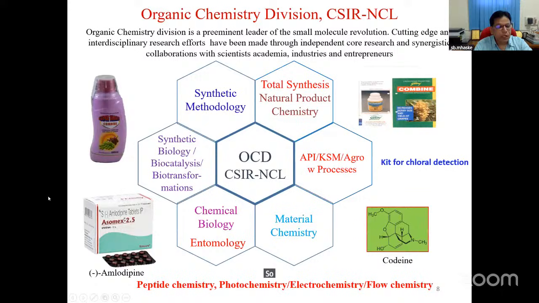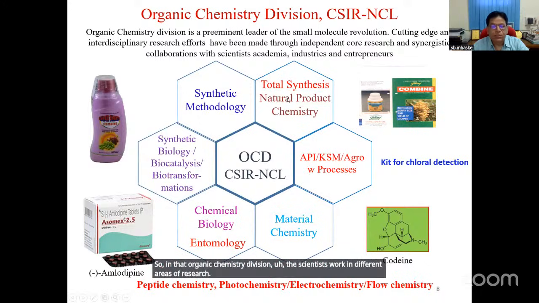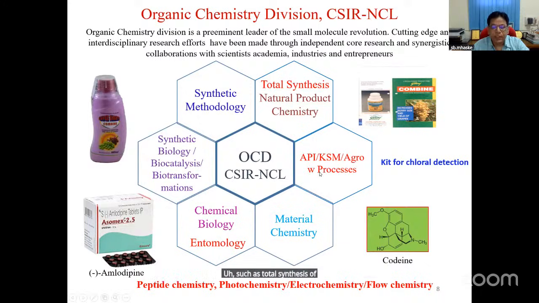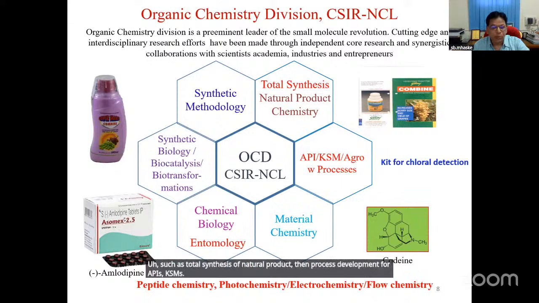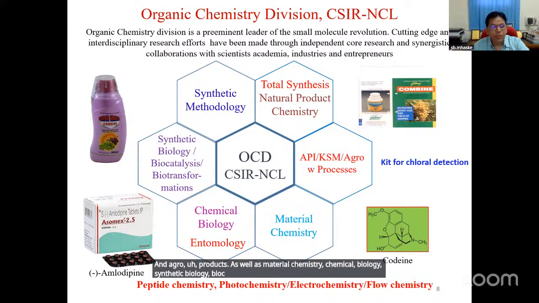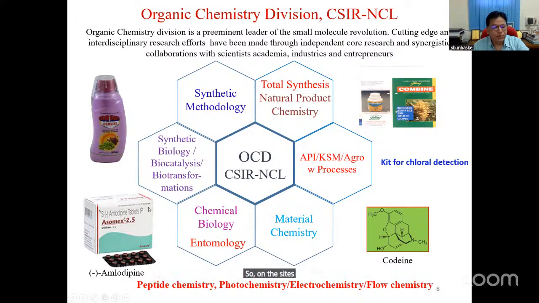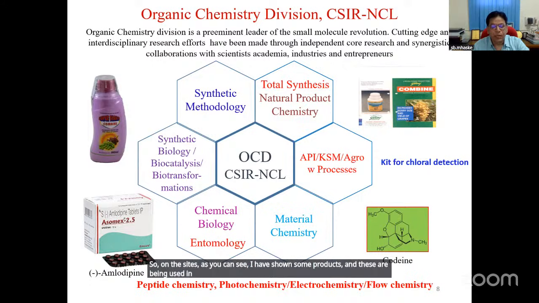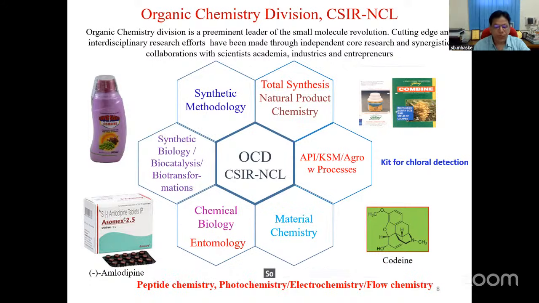So at the organic chemistry division, the scientists work in different areas of research, such as total synthesis of natural products, then process development for APIs, KSMs, and agro products, as well as material chemistry, chemical biology, synthetic biology, biocatalysis, and so on. On the sides, as you can see, I have shown some products, and these are being used in the market currently as well. So these processes were developed at NCL.